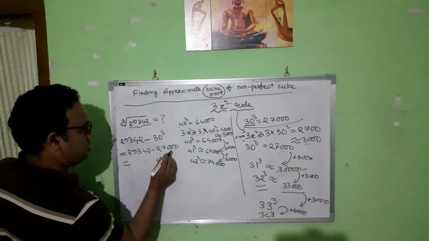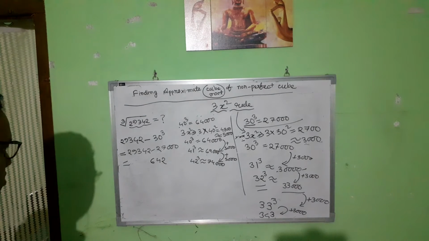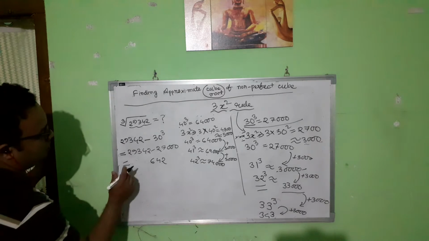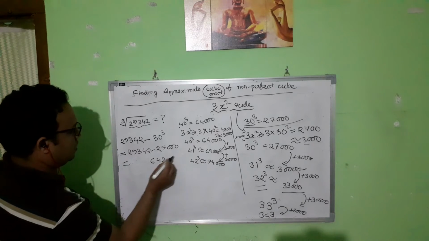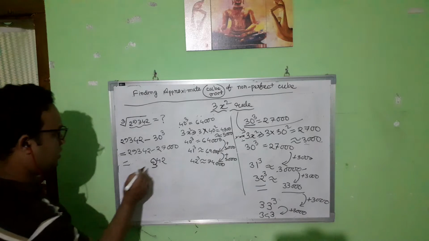This 4 comes down, this 2 comes down, 342 will come down, right?